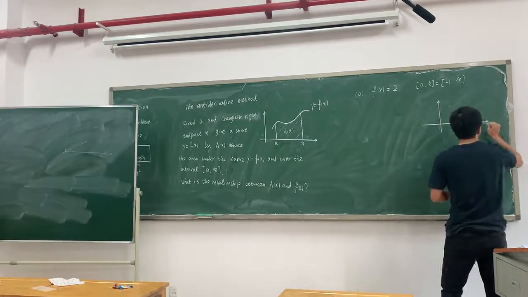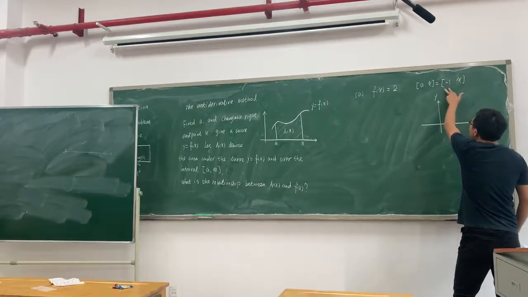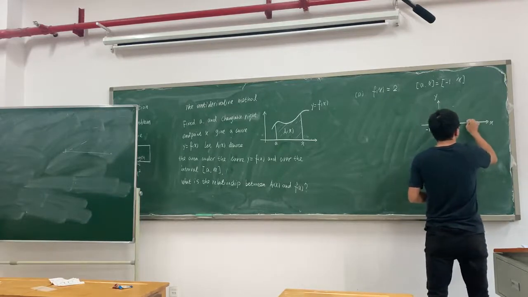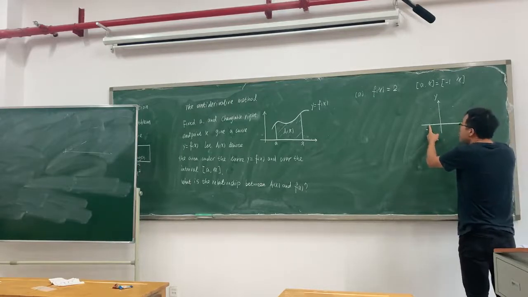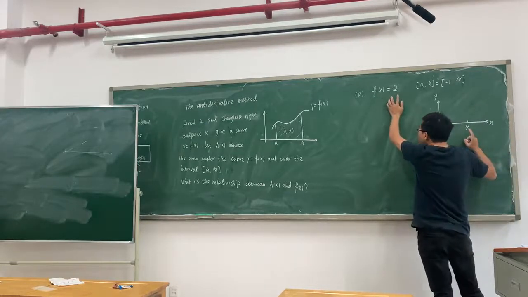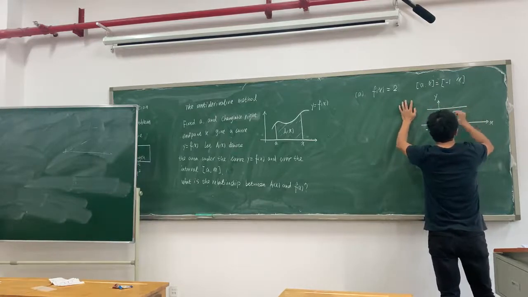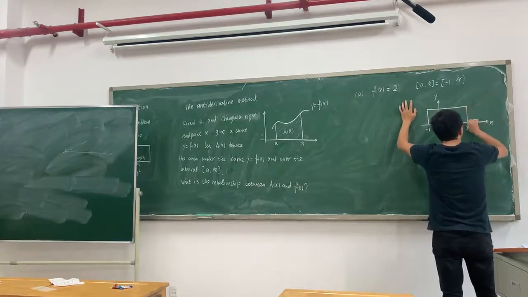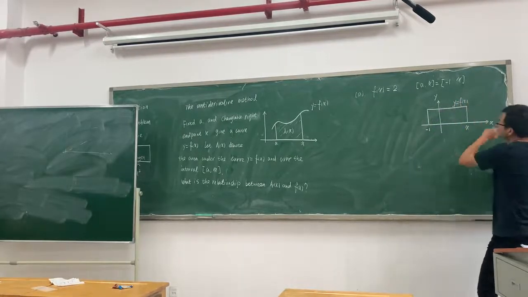Here is x, here is y, and the closed interval is from -1 to x. In this interval the function is f(x) equal to 2, so y equals 2.